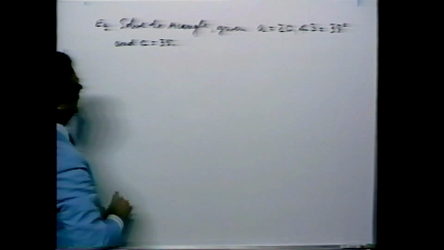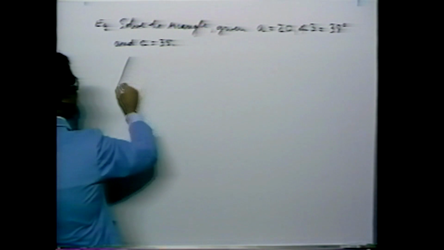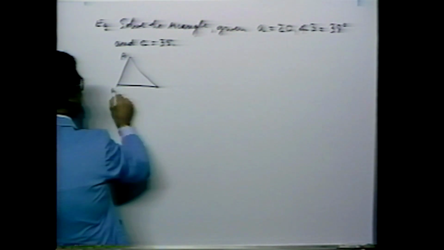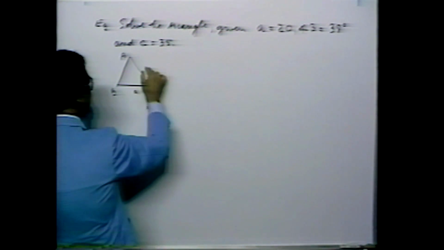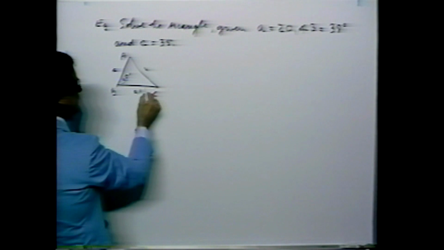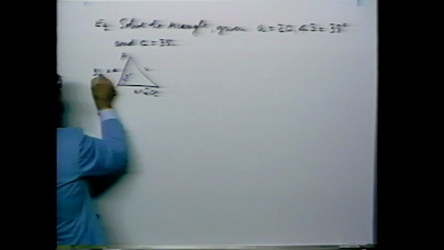Since we have a and c given, drawing a triangle representing the information, we have a equal to 20 and c equal to 35.